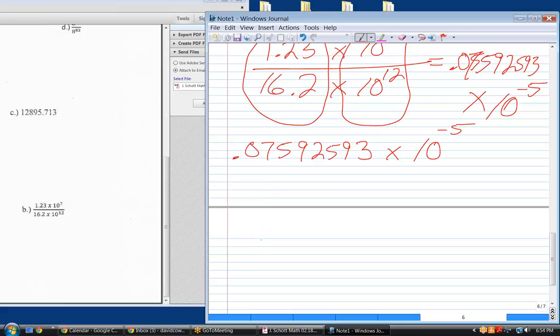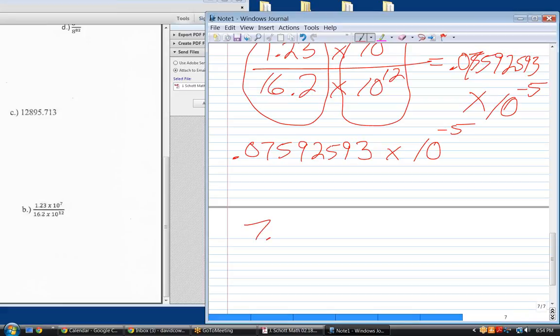Put the decimal between the 0 and the 7. No. Remember, the number's got to be between 1 and 10. If I were to put the decimal right there, it would be 0.7, so it would be less than 1. Between the 7 and the 5?